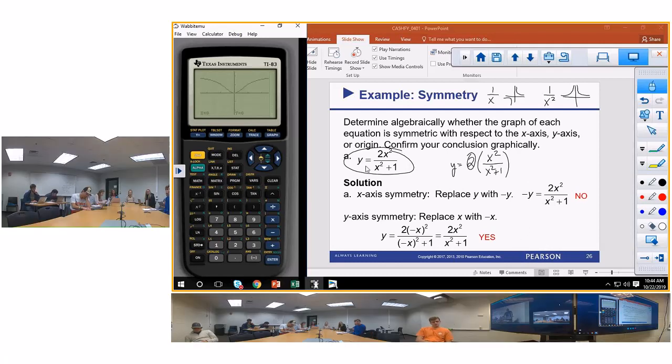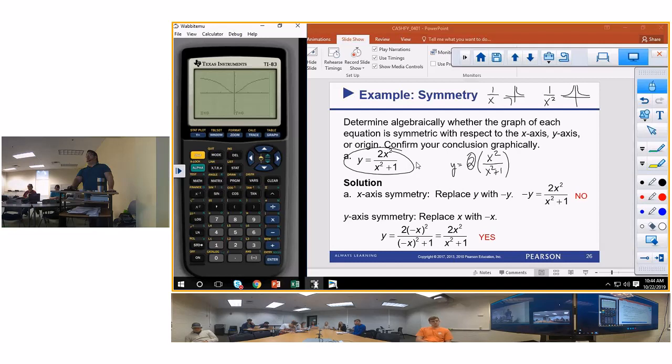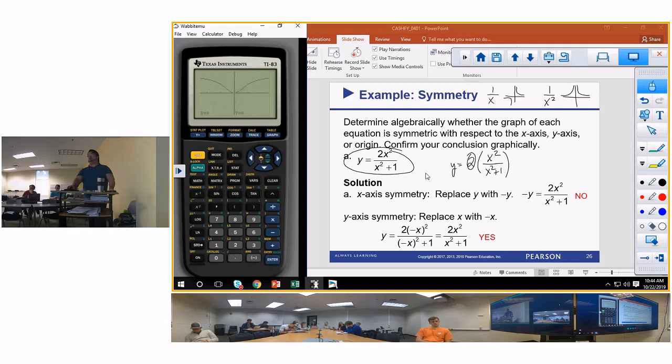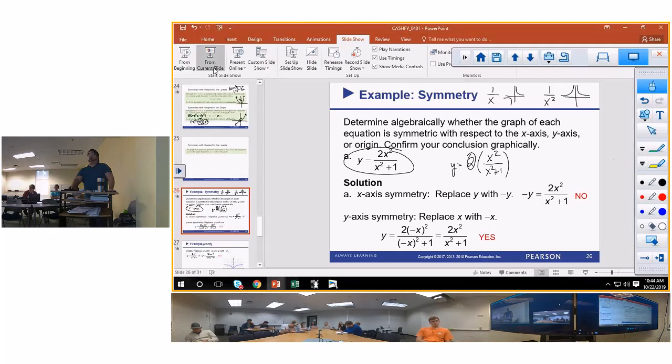This is what you need to be able to do with this problem. Put it in a calculator and then tell me if it's symmetrical around the origin or around the y-axis. It's symmetrical around the y-axis. And nobody's asking questions, so I guess I'm just assuming that everybody knows what I'm talking about.